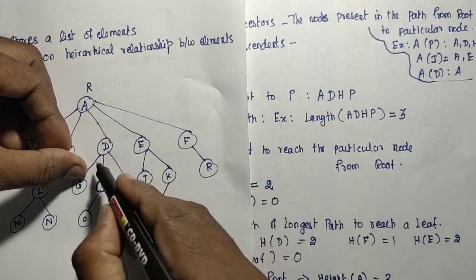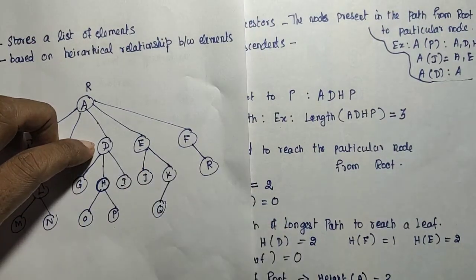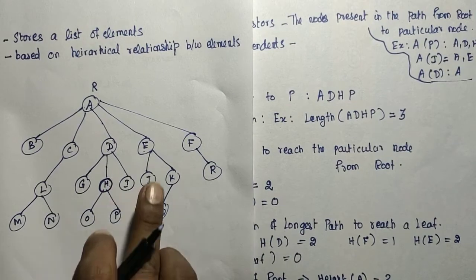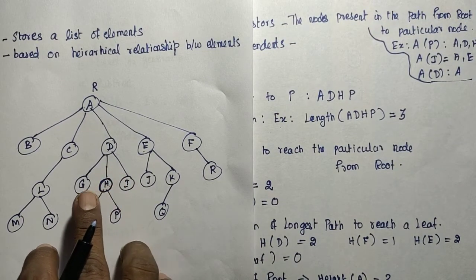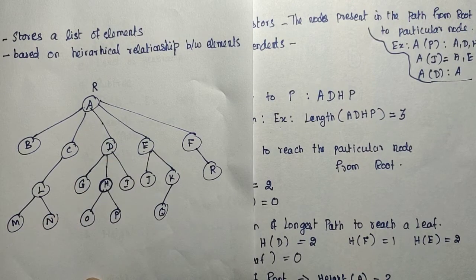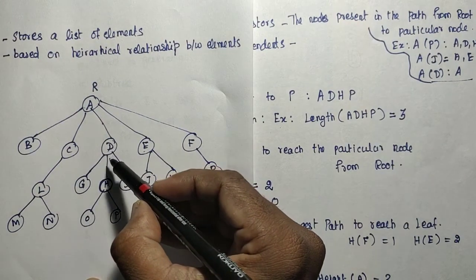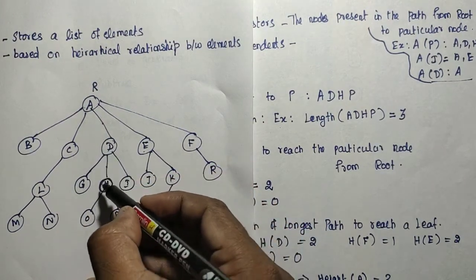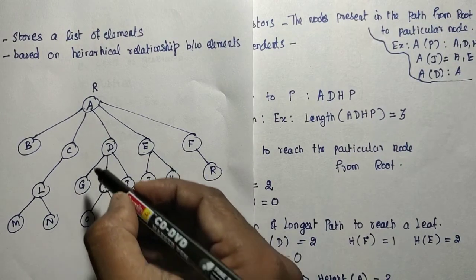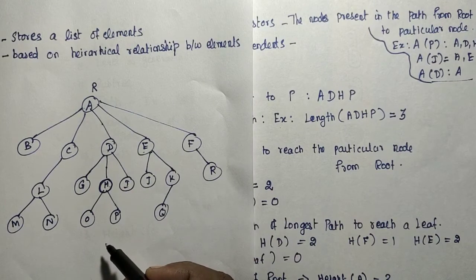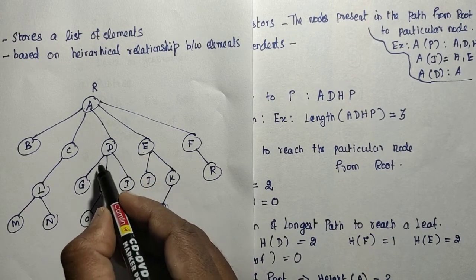So for example, for the D, what are all the nodes in all the paths to reach all the leaf nodes? It means the nodes which are present in the next generation of a particular node are considered the descendants. So the descendants of the D means, to reach the G. Okay.